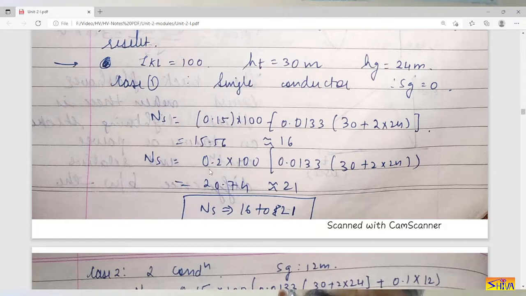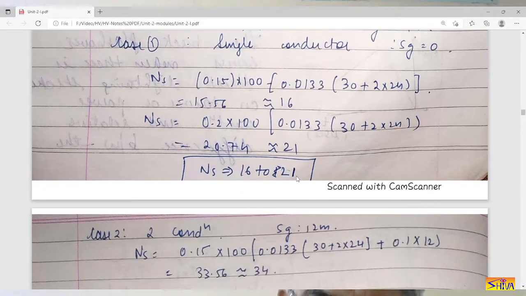With 0.2 in the equation, we get 20.74, approximated to 21. It means the number of strokes on the single ground conductor is 16 to 21. Remaining strokes, if there are any, will be on the transmission line conductors.